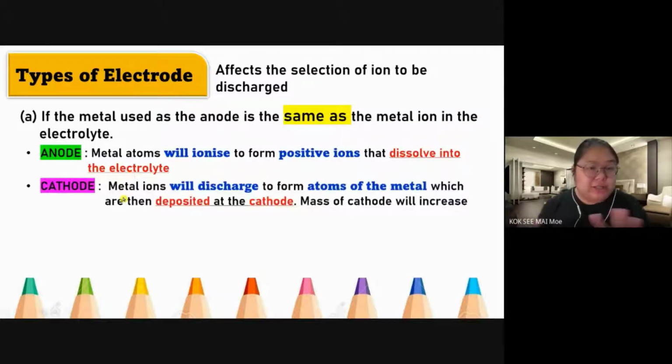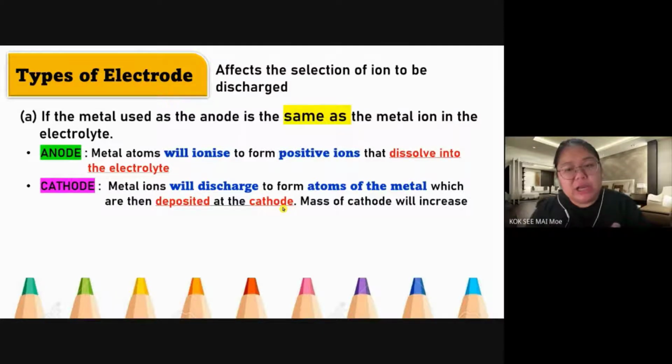What happens at the cathode? The cathode actually doesn't have any changes. The metal ions will be discharged. At the cathode, the metal ions in the electrolyte discharge and form atoms of the metal, which are deposited at the cathode. For discharge we follow the electrochemical series; the lowest one will discharge.